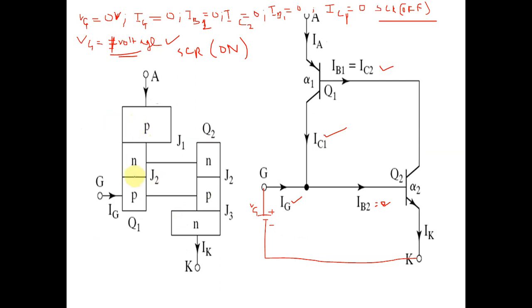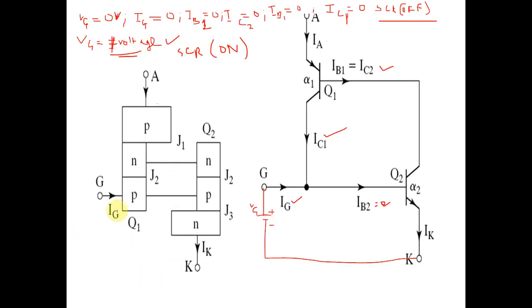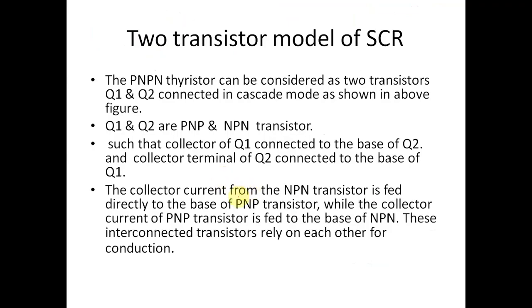Q1 is the PNP transistor and Q2 is the NPN transistor, such that the collector of Q1 is connected to the base of Q2, and the collector of Q2 is connected to the base of Q1.